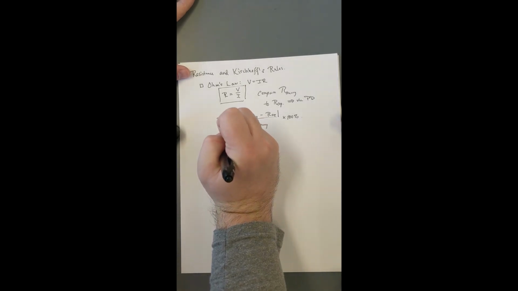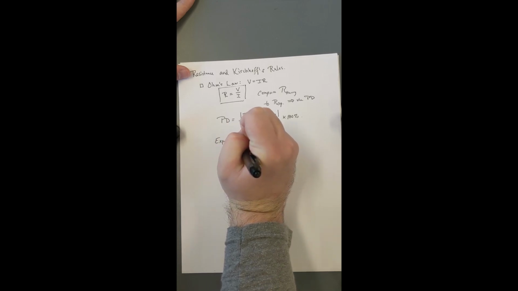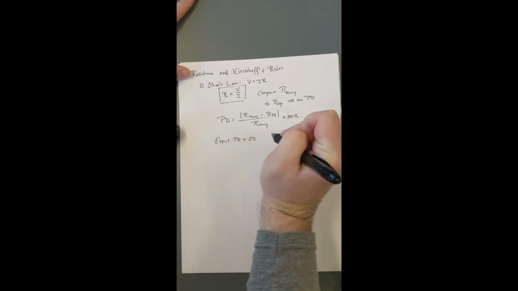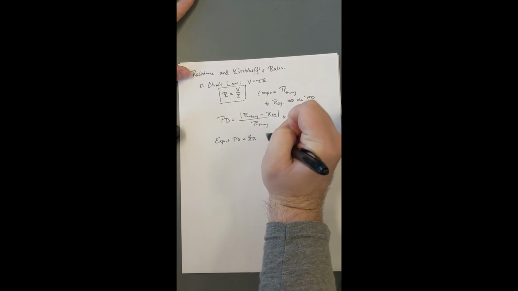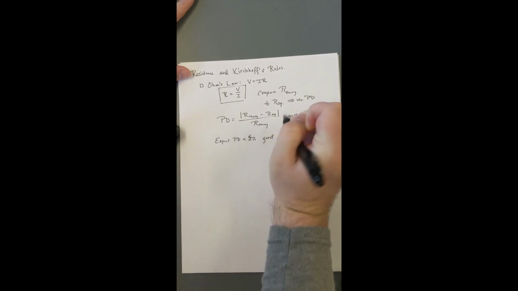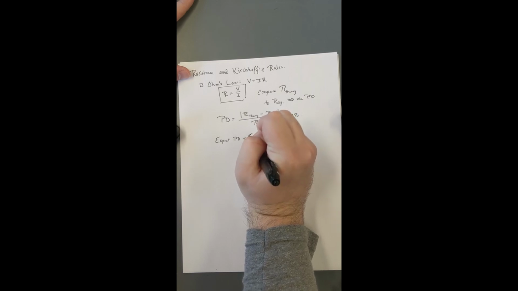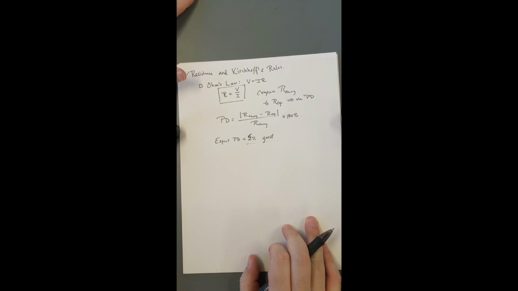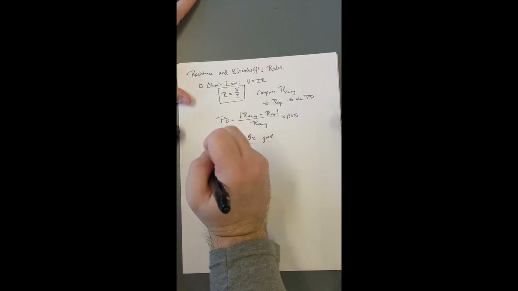What I would expect, or at least hope to expect, is a percent difference that is less than 2%. Actually, let's do 5%. Should be good. So we'll consider a nice 5%, and anything less than 5% to be good with Ohm's law validation.